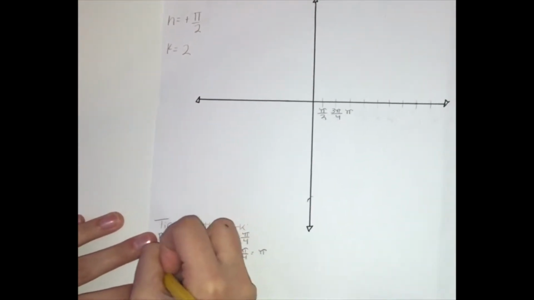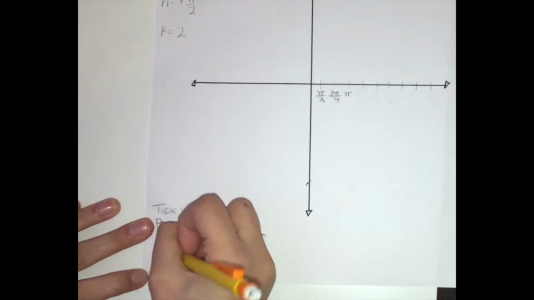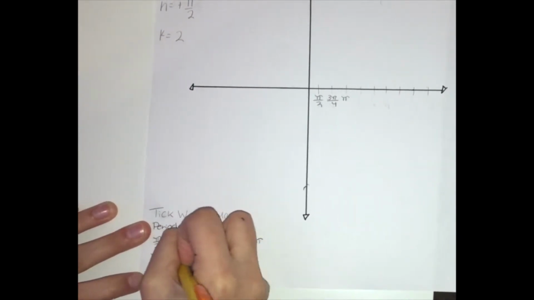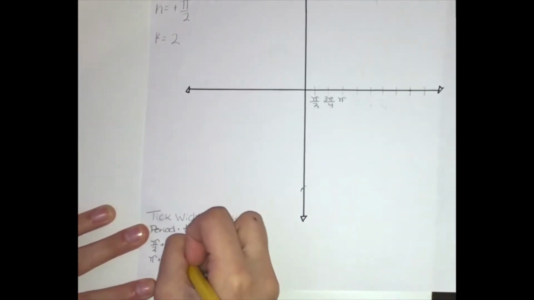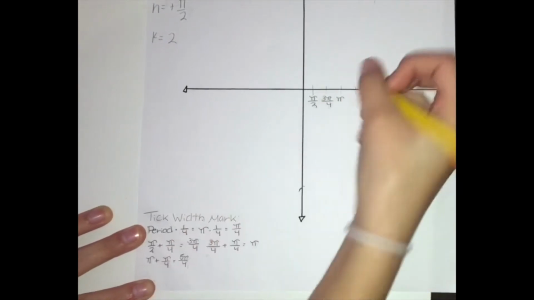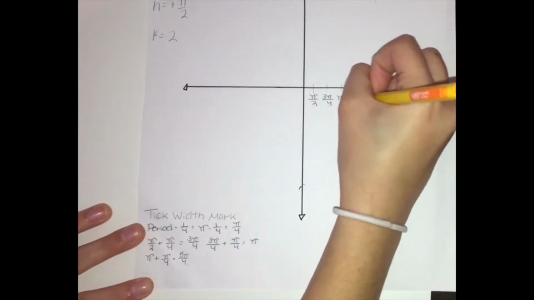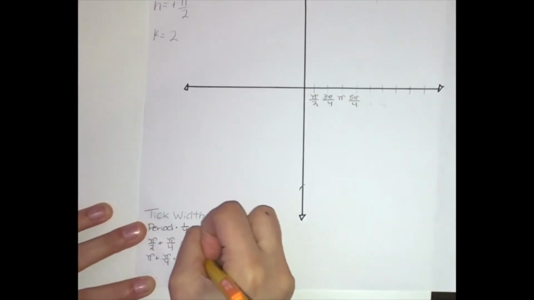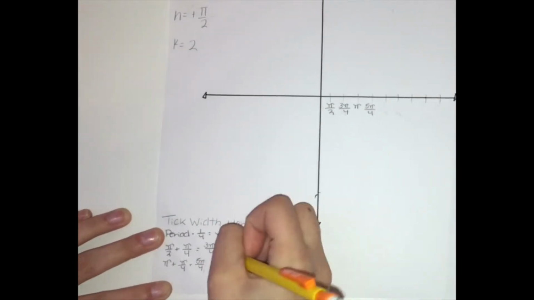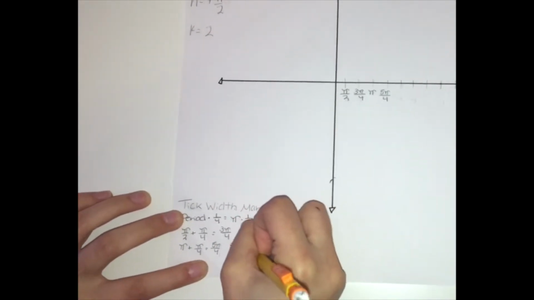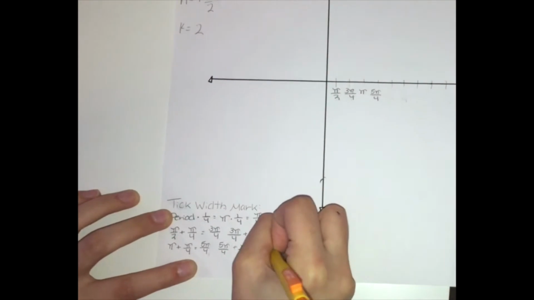Then you're going to take pi and add it to pi over 4, which gives you 5 pi over 4. And then you'll take 5 pi over 4 and add it to pi over 4 again, and you'll get 3 pi over 2.